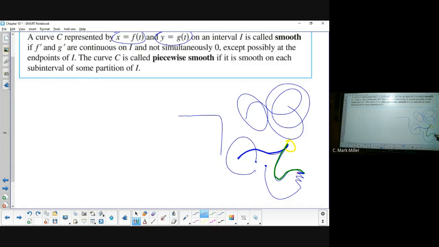That's the fourth piece, right? This is the fifth piece. All of those, it's smooth over all those subintervals. So you could break up the definition of this curve into subintervals over which the parametric representations were smooth. So we call that piecewise smooth.